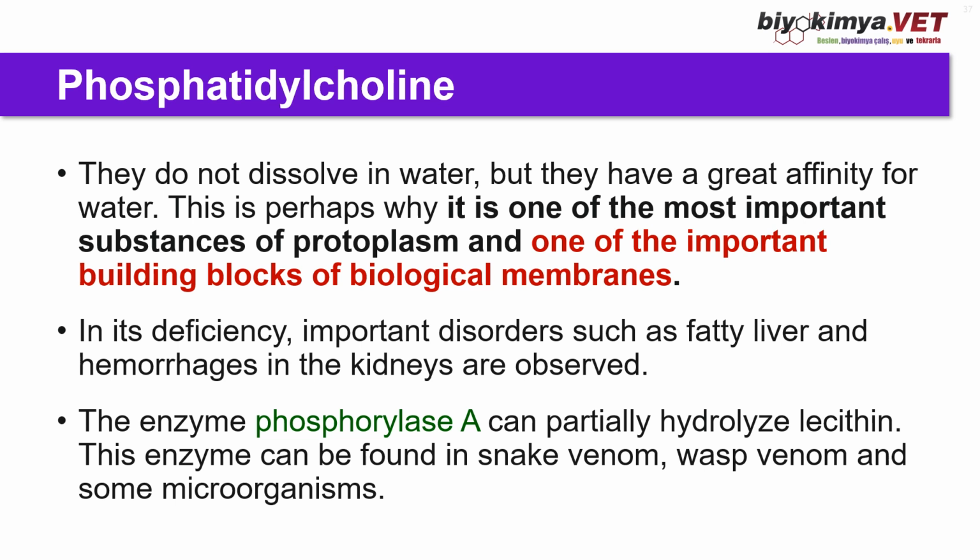When lecithin is hydrolyzed by this enzyme, 1 mole of fatty acid, a component of lecithin, is separated, and the remainder is called lysolecithin or lysophosphatidylcholine. This molecule has a strong hemolyzing effect, and hemolysis means a rupture of the cell membranes of the erythrocytes, the red blood cells.